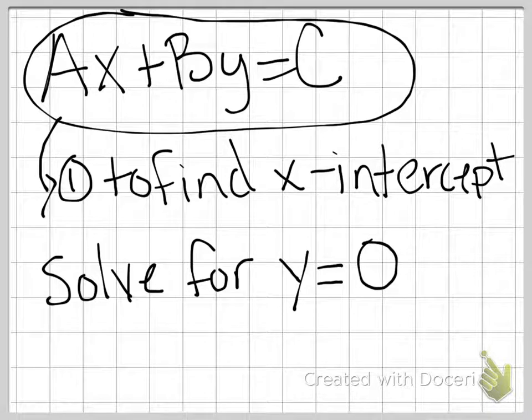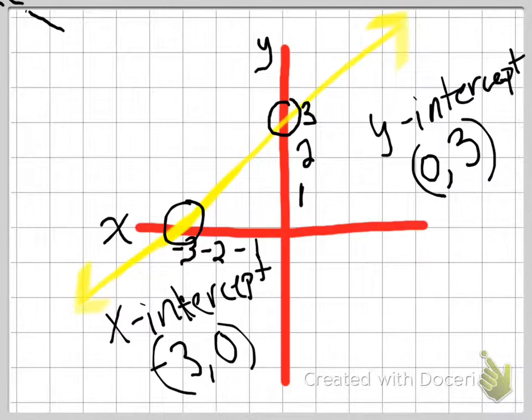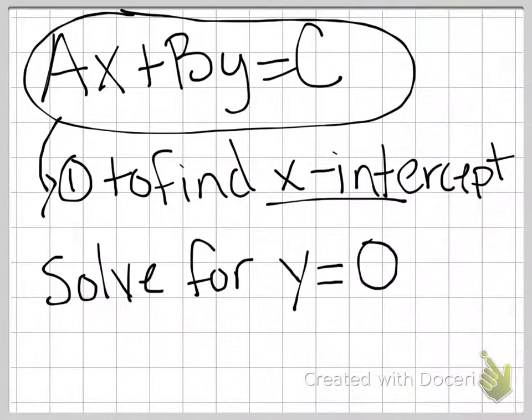So y equals 0 to find the x-intercept. Remember, over here, if I knew what the x was, my y was 0. So if I go ahead and plug in 0 for y, I'll get my x-intercept. And the reverse is true. If I plug in 0 for x, I'll get my y-intercept. Okay? So that was step 1 of our graphic organizer.